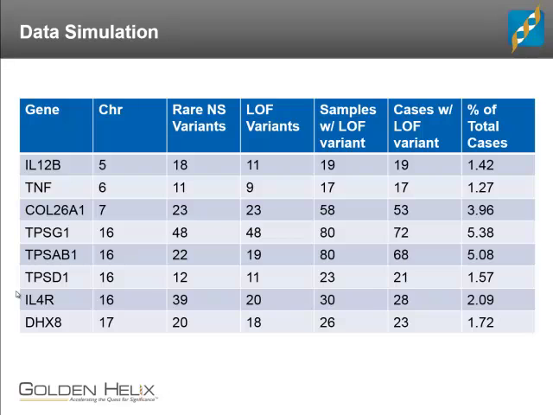Moving down, we see some of these that have a much higher proportion of all of the samples, nothing that's more than 5.5% of the samples carrying a variant there. But we also see reduced penetrance in some cases where not quite all of them are diagnosed. So what we need to do then is figure out how we can find these genes where just a handful of samples are carrying potentially disease-causing variants.